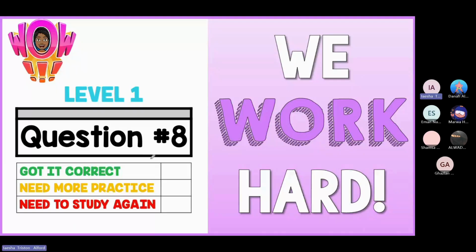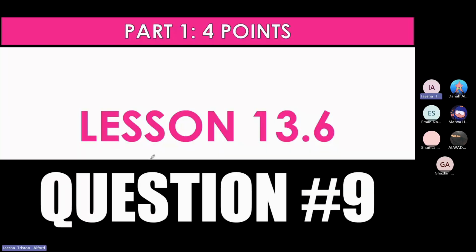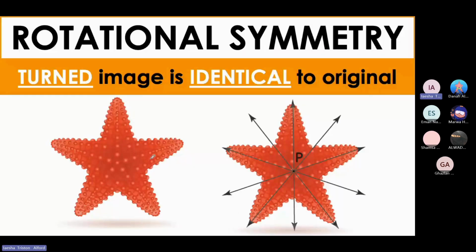The last one from module 13 is question number 9, also coming from 13.6 about symmetry. But this one wants to know about rotational symmetry. Remember, rotation means to turn something. So for this one, instead of drawing a line and folding it, we want to see, can we turn this shape and make it match?